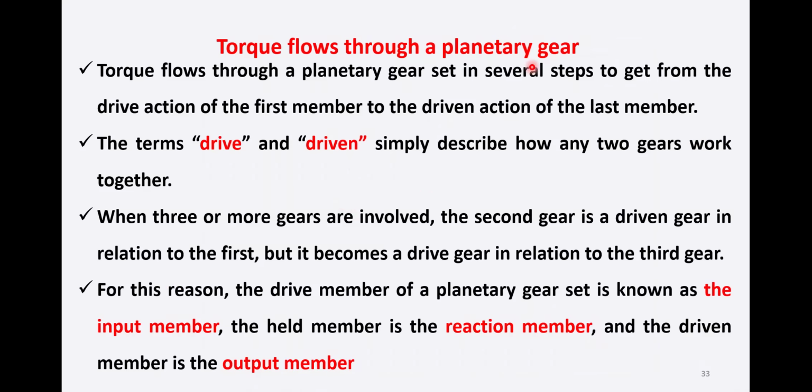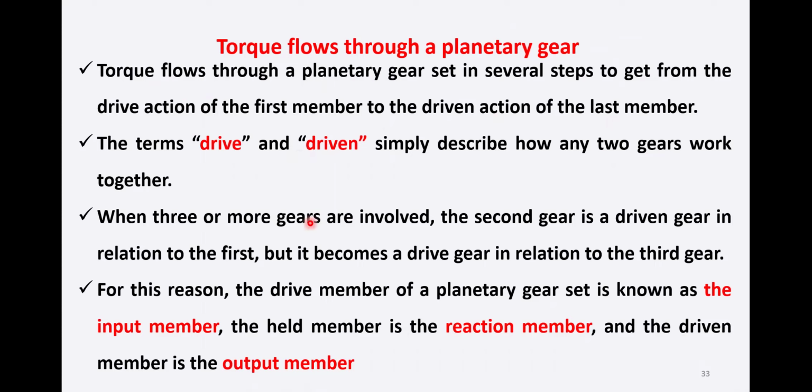Torque flow through a planetary gear. Torque flows through a planetary gear set in several steps to get from the drive action of the first member to the driven action of the last member. The terms drive and driven simply describe how any two gears work together. Input and output are drive or driven.